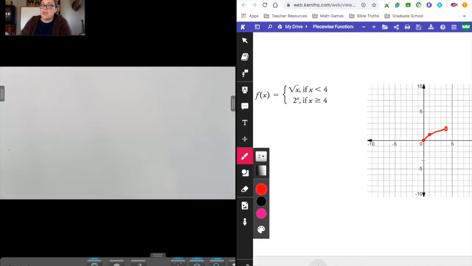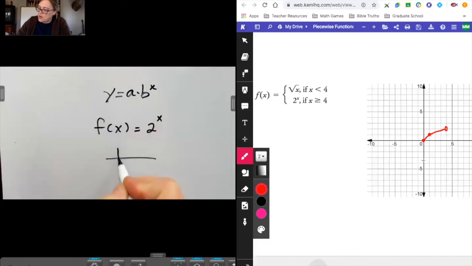The next function that we have is f of x equals 2 to the x. This is a new function that we've been working on. This is the exponential function. Really, the only way to graph this would be to do a chart. Pick some negative numbers.